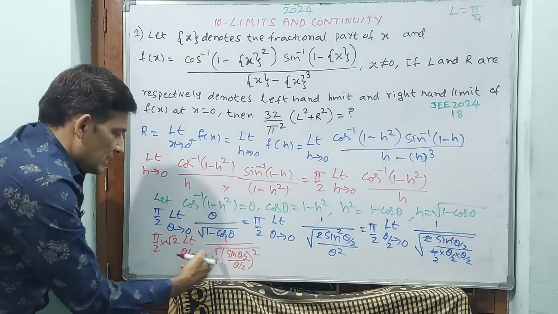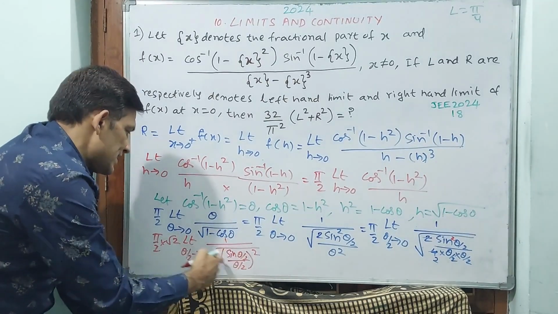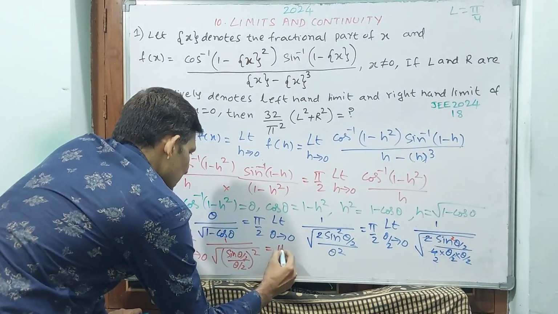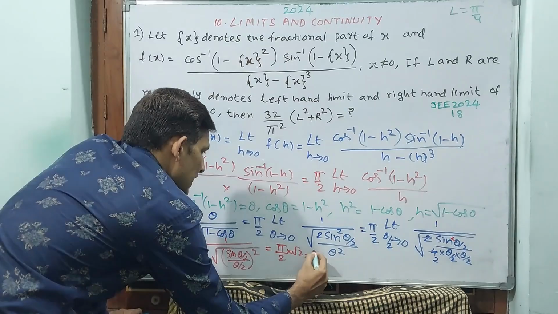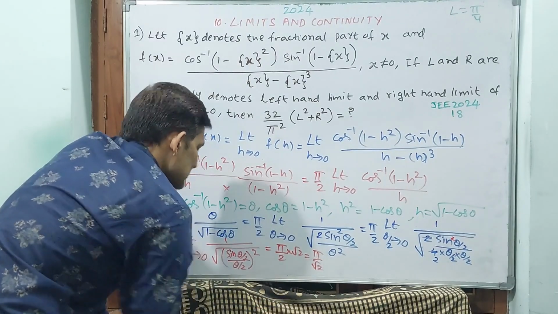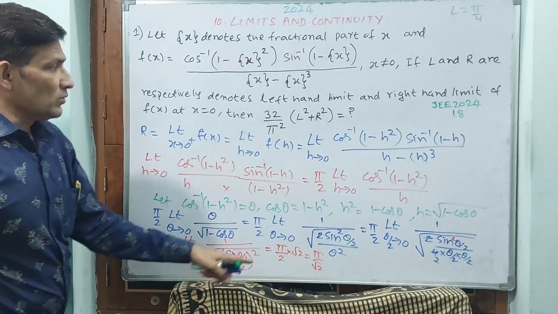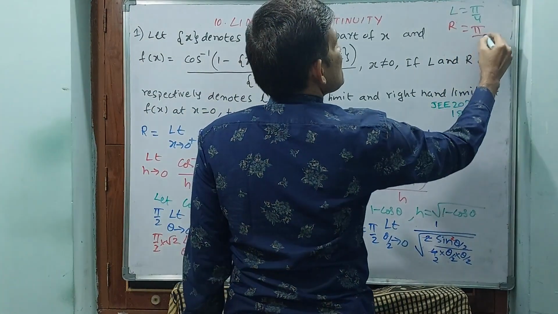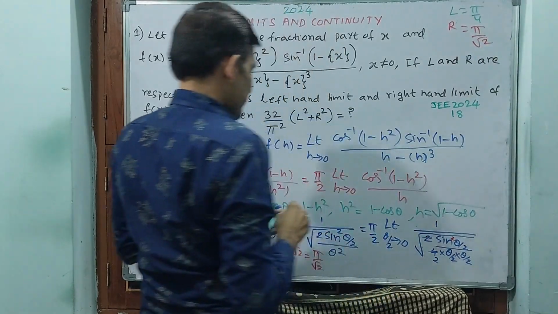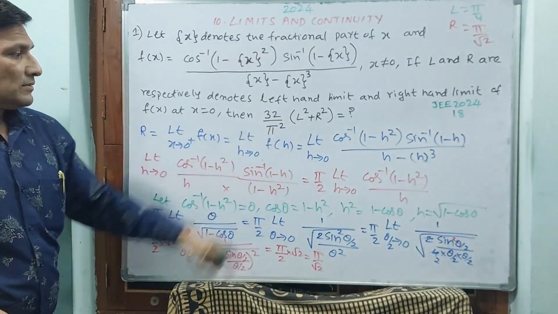Sin theta by theta, as theta tends to 0, is 1. That means this entire thing is going to become 1. So finally your answer is pi by 2 into root 2, or else pi by root 2. This value is 1. So R is pi by root 2. Pass and note down. Why? Because you have to find this value.